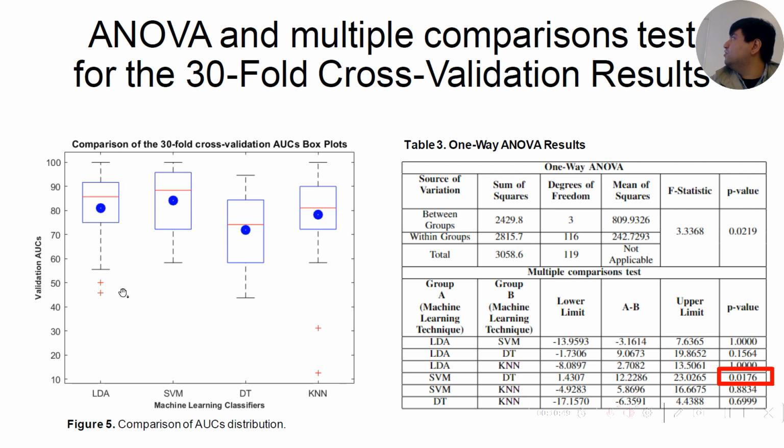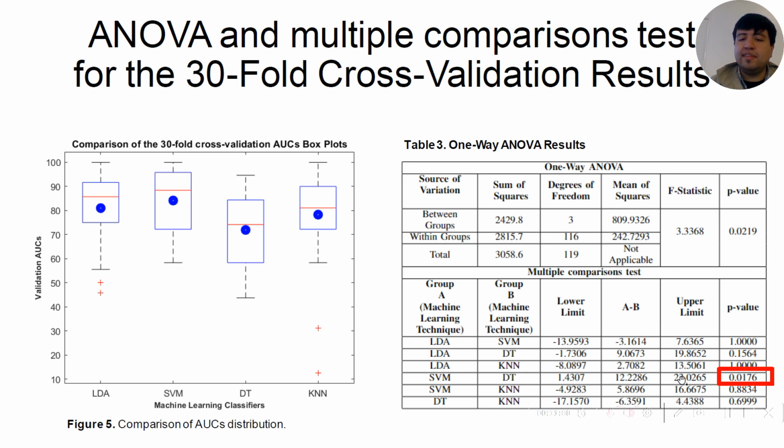This is basically the distributions of the average AUCs when performing tenfold cross-validation for each of the classifiers: the linear discriminant analysis, the support vector machine, the decision tree, and the K-nearest neighbors. And we performed the ANOVA test and the multiple comparisons test.